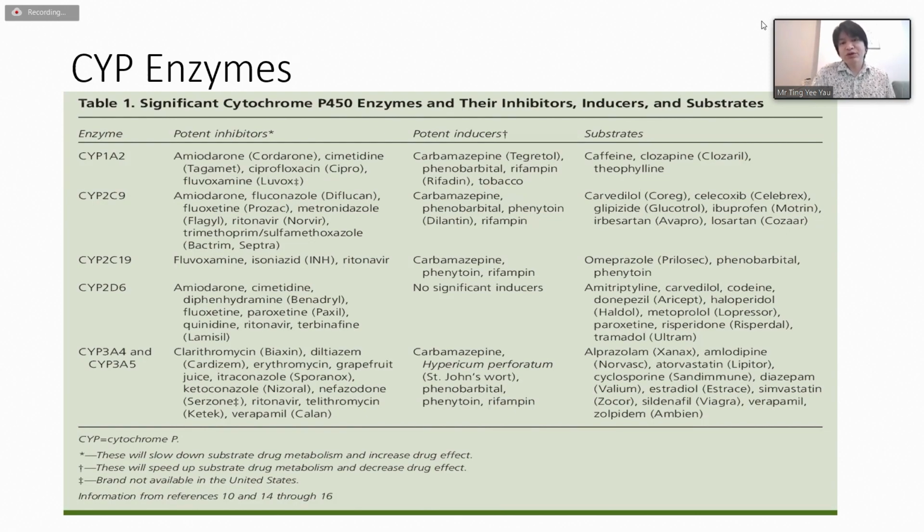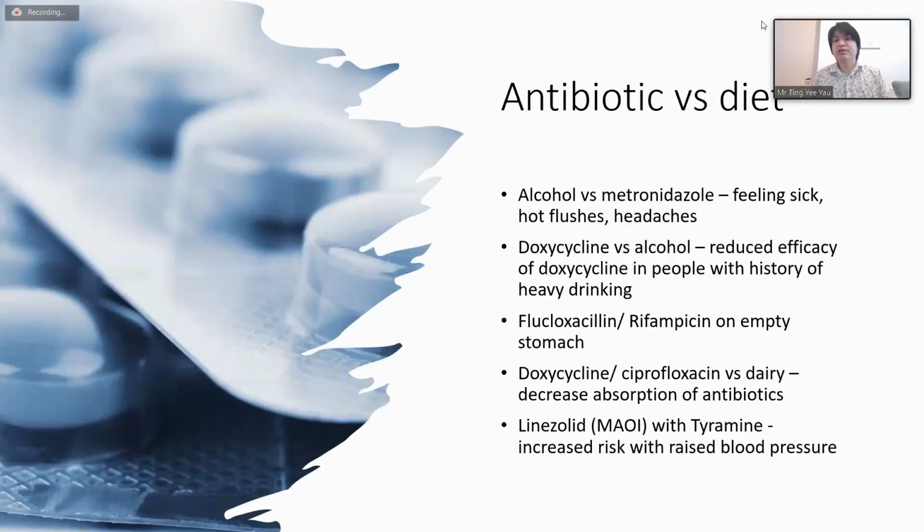If you look at the potent inducers, we have rifampicin, and we have quite a few antimicrobials which are potent inhibitors, including ciprofloxacin and our macrolides and our azoles. So there are many interactions between antibiotics and other medication.